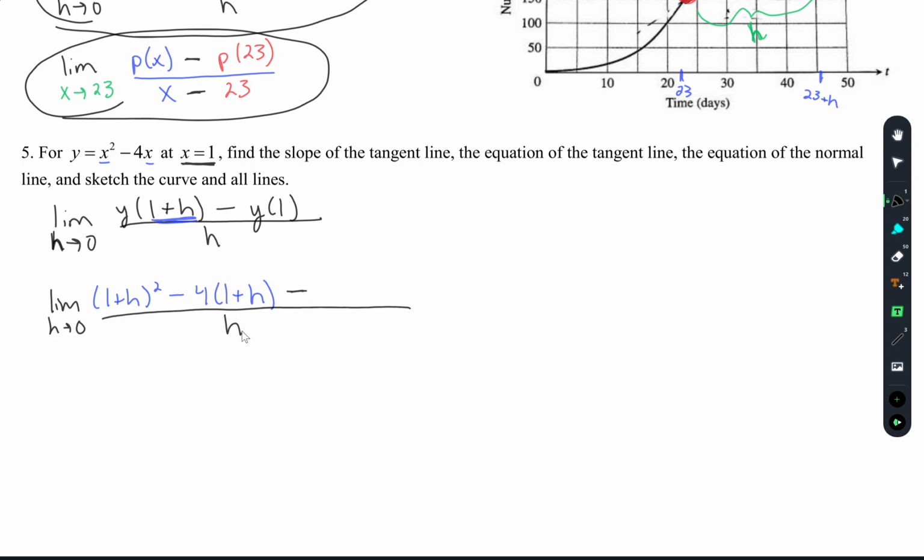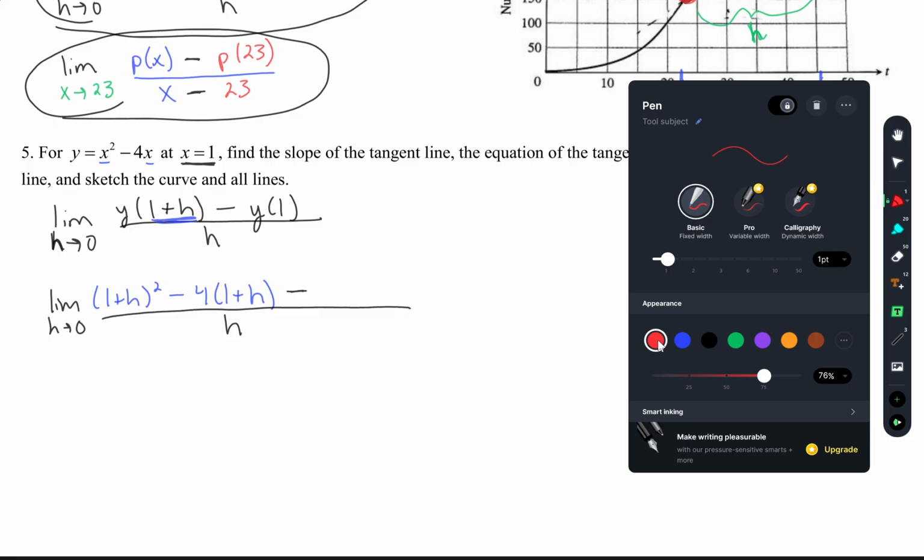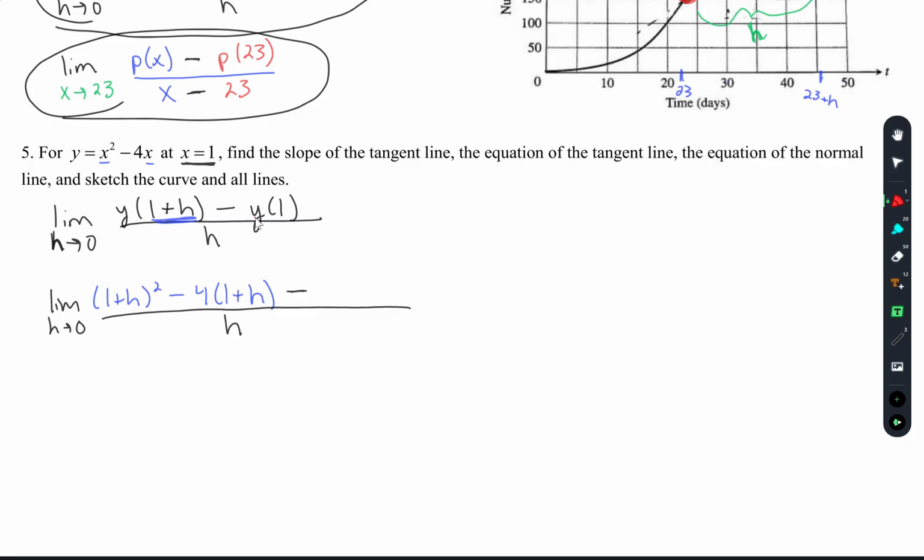They didn't tell me y of 1, did they? Darn it. It's not the worst. I'm just going to do that off to the side. So y of 1 is just plugging it in. Is that -3? I'll write it as minus a -3 to be safe, but that's what you're doing.